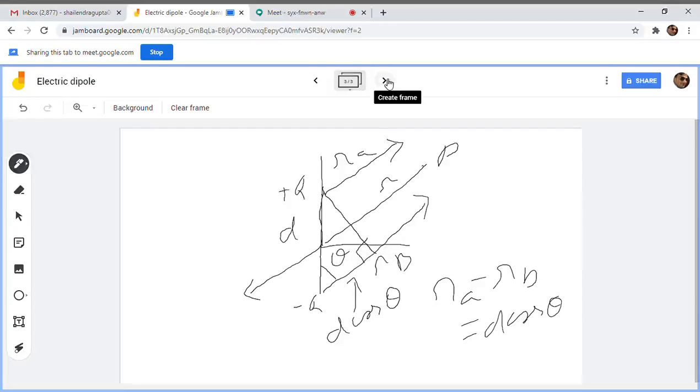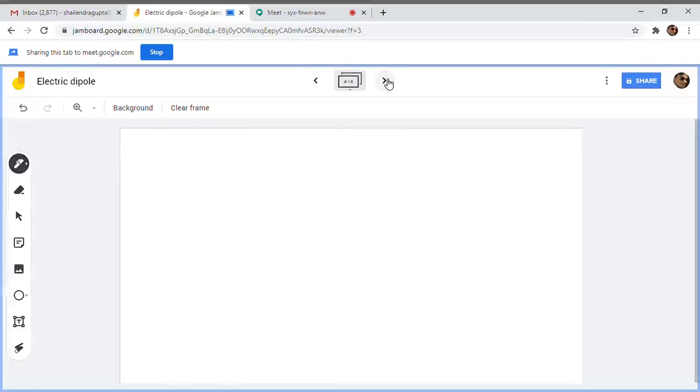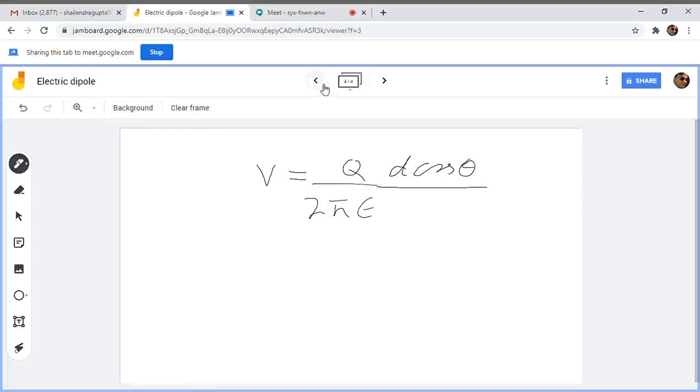So we can put it in our equation. So V will be what? V will be Q upon 2 pi epsilon, and we can take it to d cos theta divided by Ra Rb. So Ra Rb can be taken nearly equal.